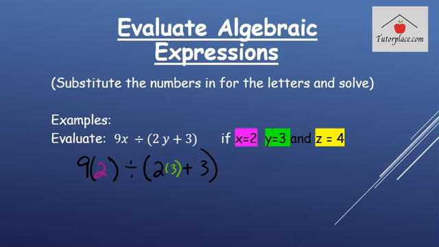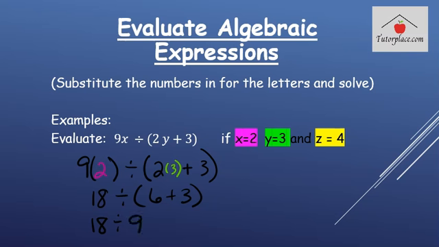Okay, so here at the beginning, we have 9 times 2, which is 18, divided by, and we need to do inside this parentheses. So 2 times 3 is 6 plus 3. And remember to work inside the parentheses first. So 6 plus 3 is 9.